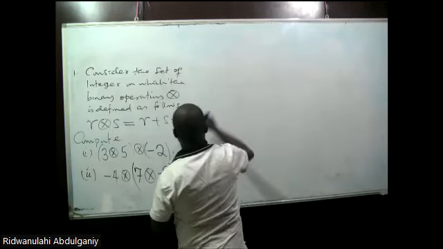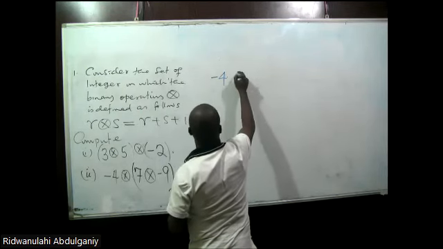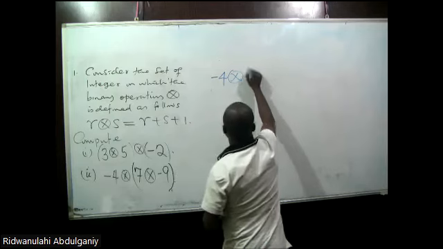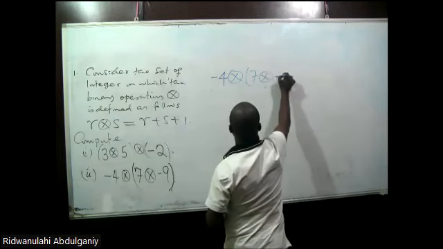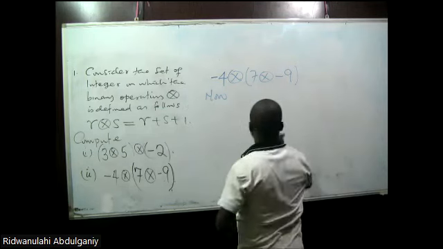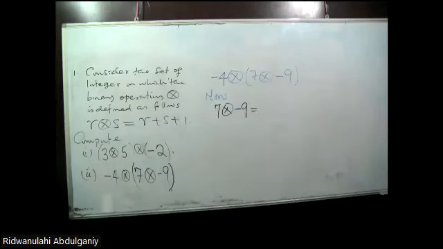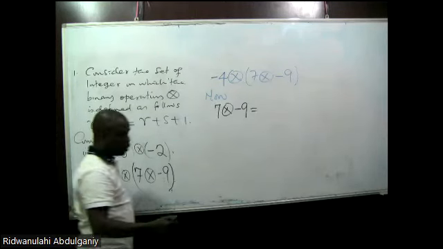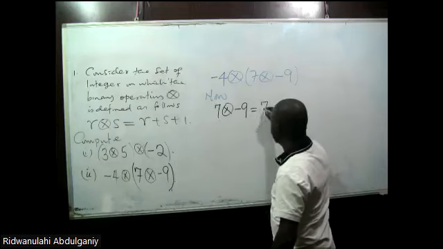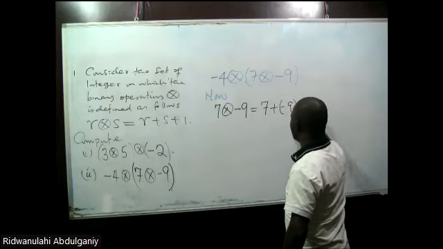I have -4 operation 7 operation -9. We first take 7 operation -9. And what's 7 operation -9? That is first element plus second element plus 1, and that will give us -1.